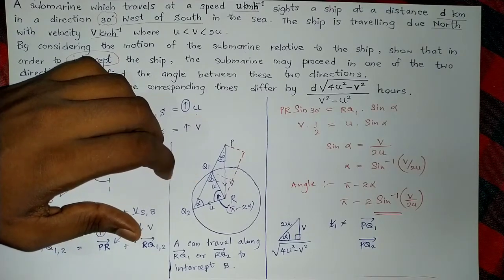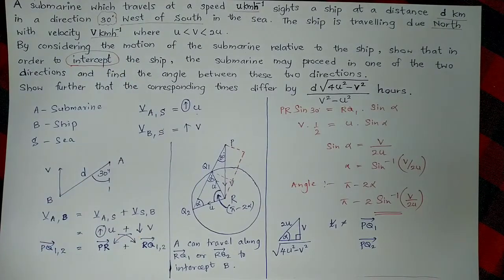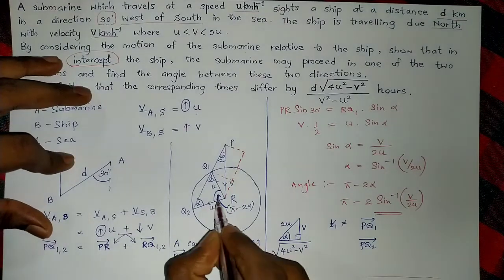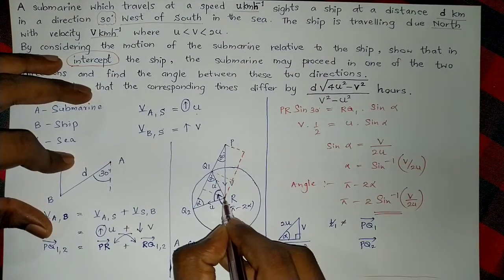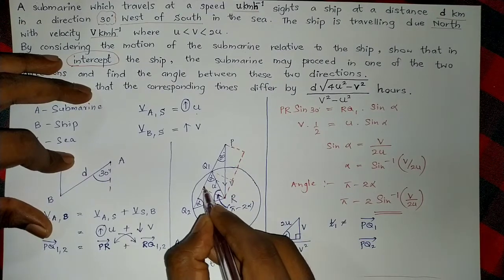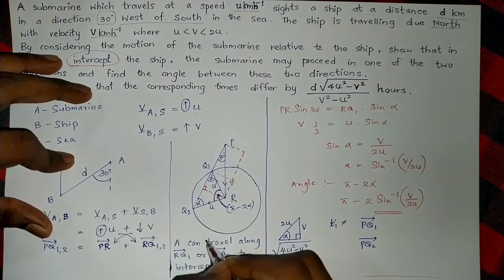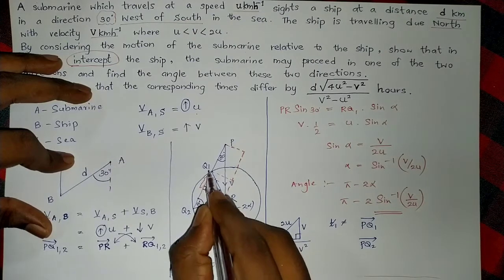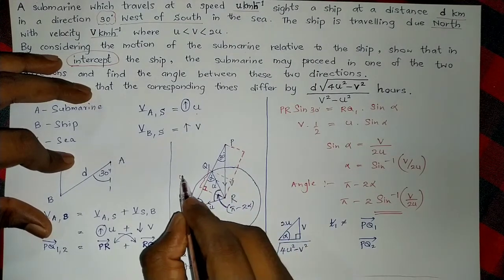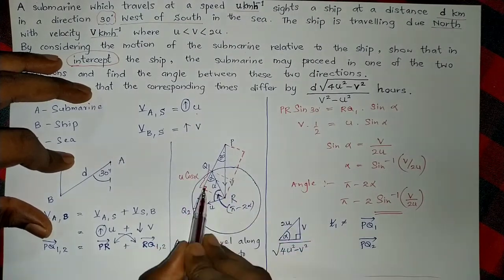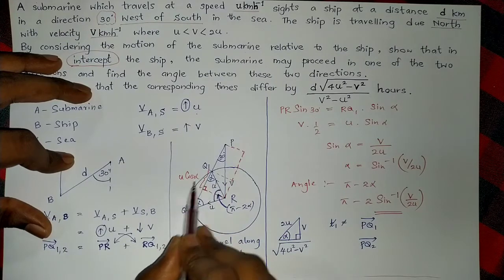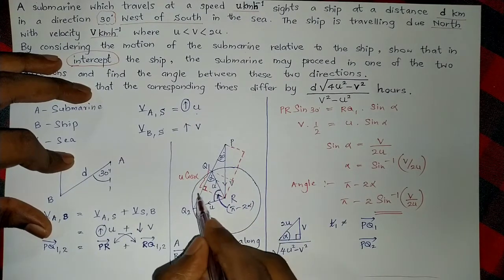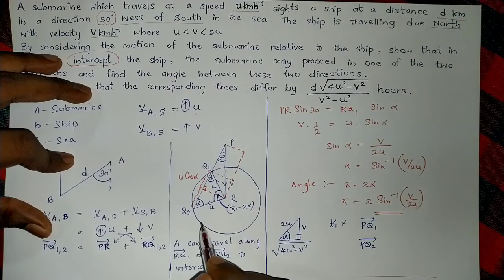For that, I can do this kind of construction. I am going to draw a perpendicular from this center to the base PQ2. So this is equivalent to U cos alpha. I have resolved this vector downwards, that is U towards the angle, cos alpha. This is also U cos alpha.